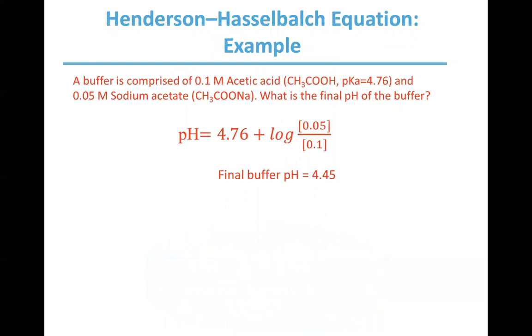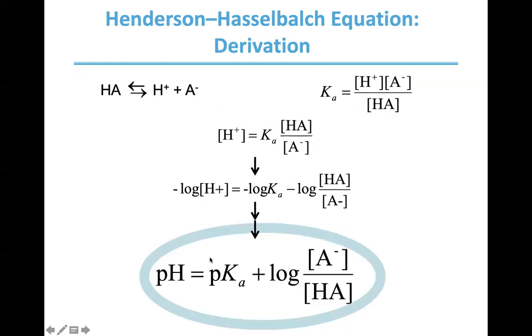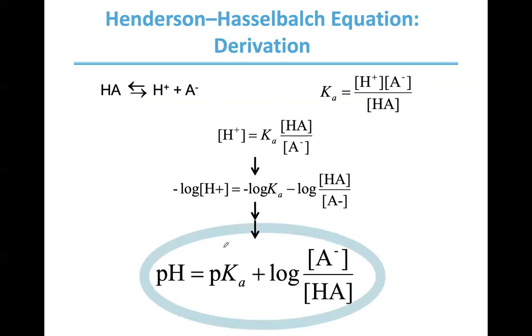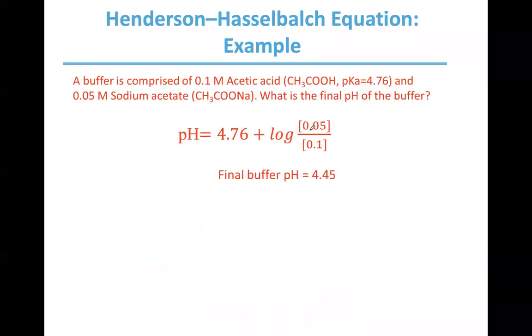So here is one example. Let's say we have a buffer, 0.1 acetic acid, pKa 4.76, and 0.05 sodium acetate. What is the final pH of this buffer? Into this equation we'll put the pKa, 4.76.